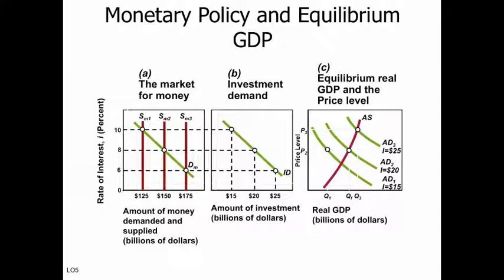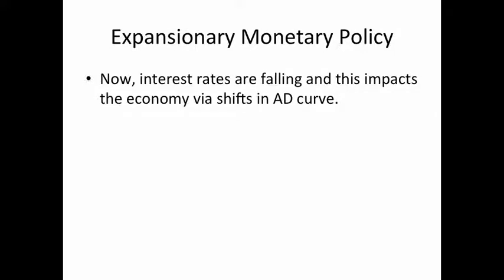So based on these diagrams, the Fed wants the interest rate to be set at 8%. So when interest rates fall, this impacts the economy via a shift in the aggregate demand curve.